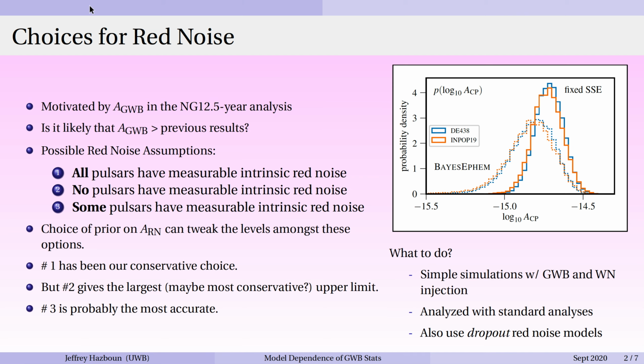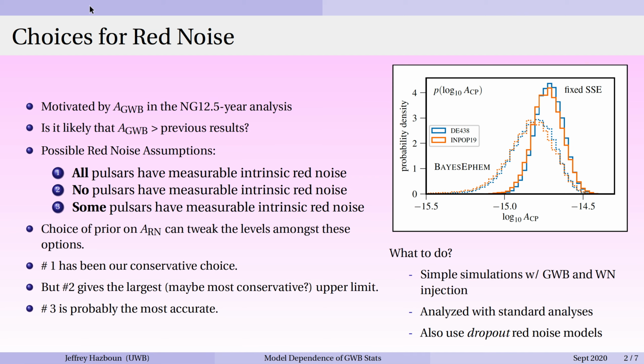It's probably wrong, but maybe in some sense the most conservative. Number 3 is probably the most accurate, which is that we have some pulsars where we can measure the intrinsic spin noise from them or some other process, whether it be an asteroid belt or something, that's giving us some kind of achromatic red noise. So what to do?